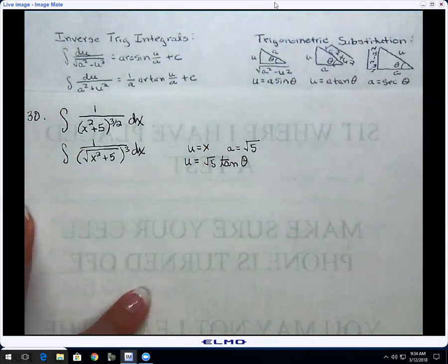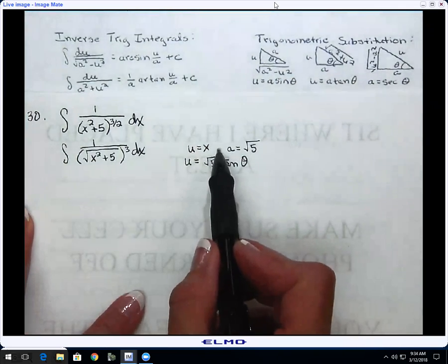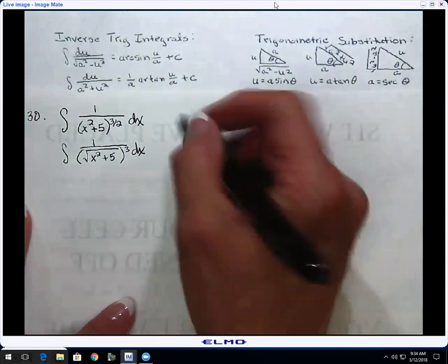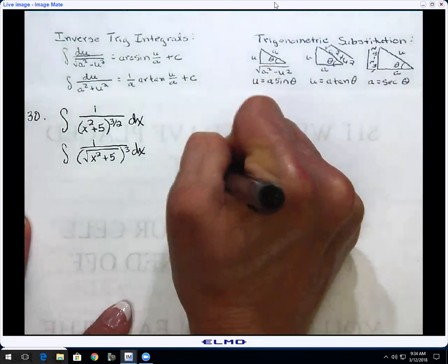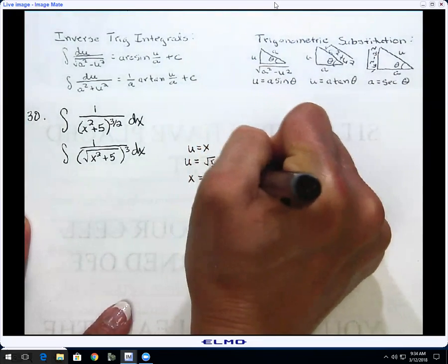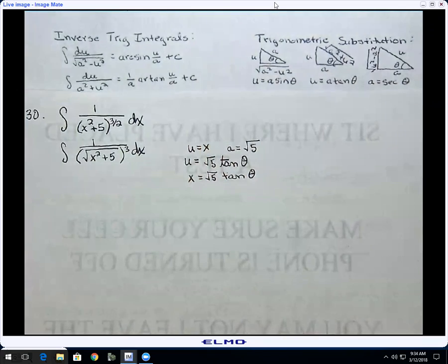And on this one, I have u equals x, so x equals square root of 5 tangent theta. That one we didn't have to solve for x. I probably could have skipped that step. But on number 26, we didn't have x equals this. We had 2x equals this, and we had to solve for x.